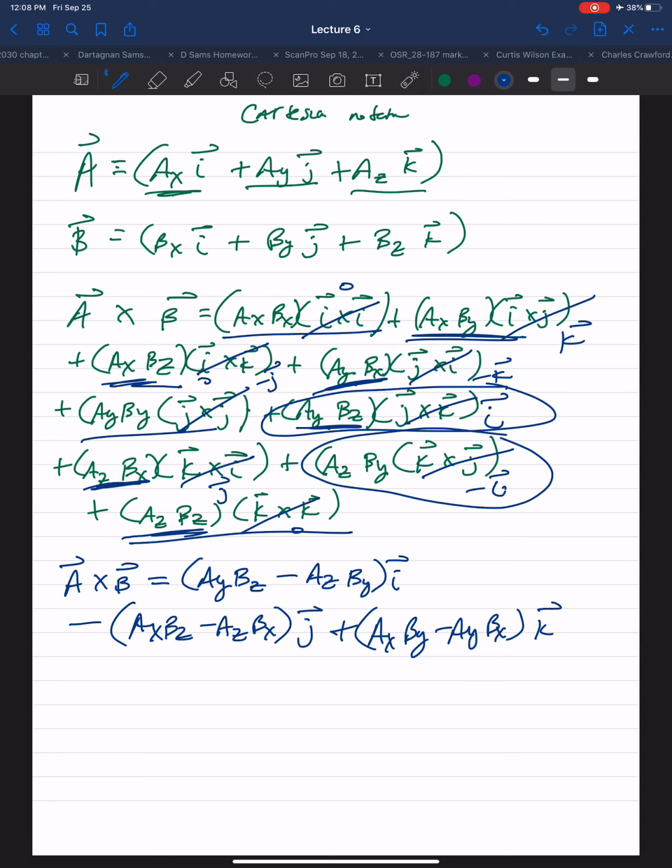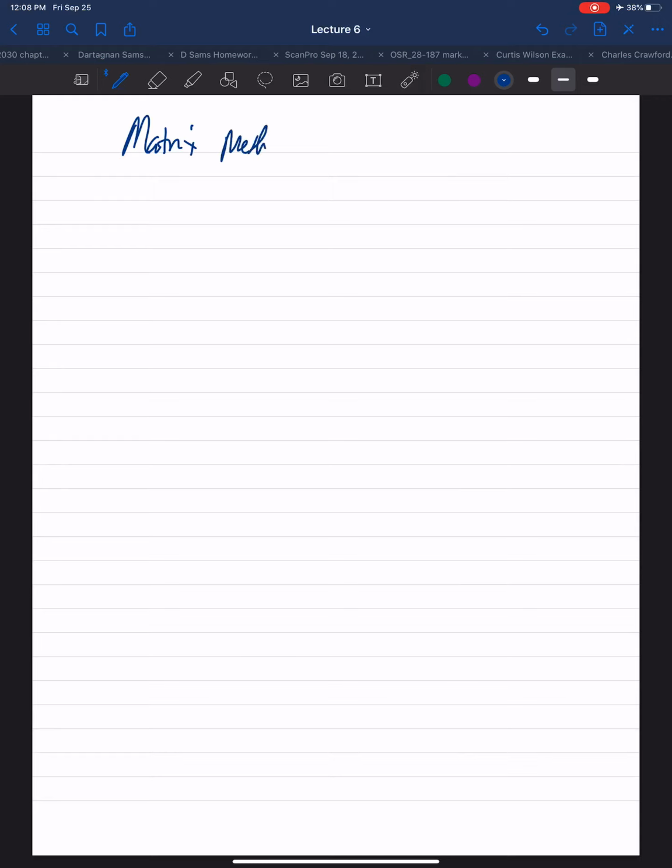So this is a long way of doing it. We won't do it this way in the class, just showing you that. We will actually do it the matrix method of determinants.